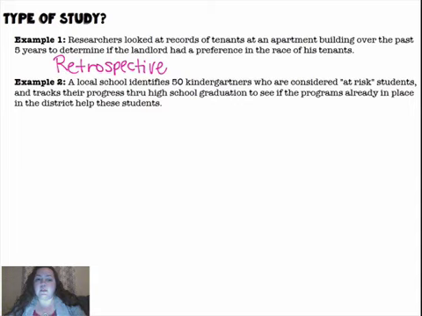Example 2: a local school identified 50 kindergartners who are considered at-risk students and tracks their progress through high school graduation to see if the programs already in place in the district help these students. So this is prospective. We're identifying them and then we're going to follow them from kindergarten through graduation.